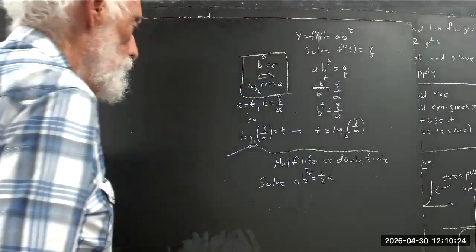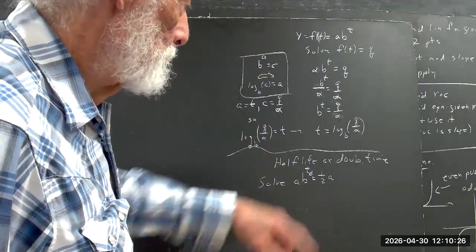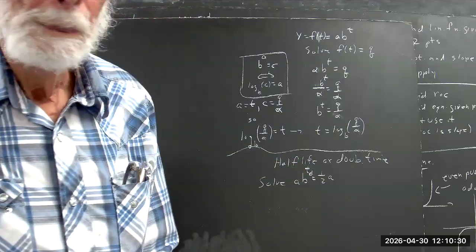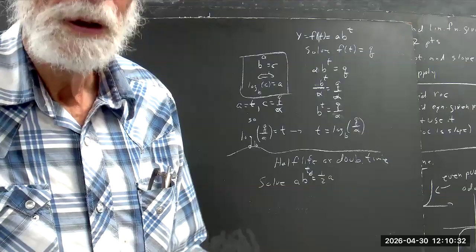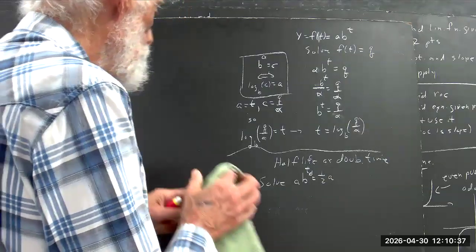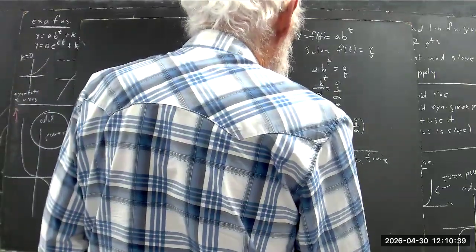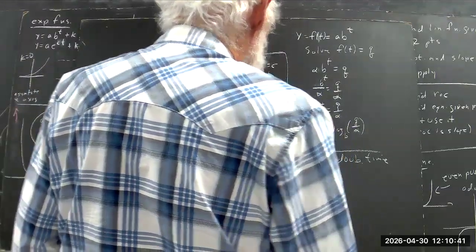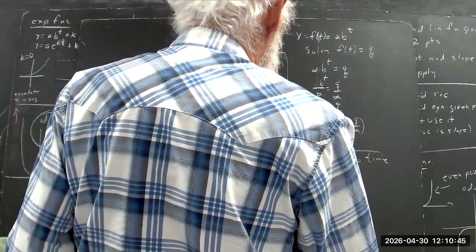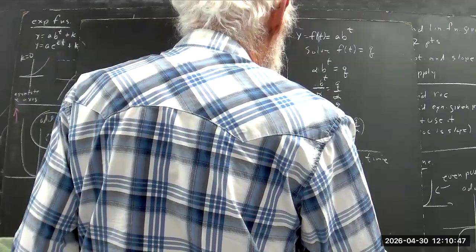Now, to be pretty explicit about it, I'm going to use t sub d. t sub d is your doubling time. Let me restate what I just did a minute ago. I'm thinking doubling time. I'm thinking half-life, and I'm talking doubling time.